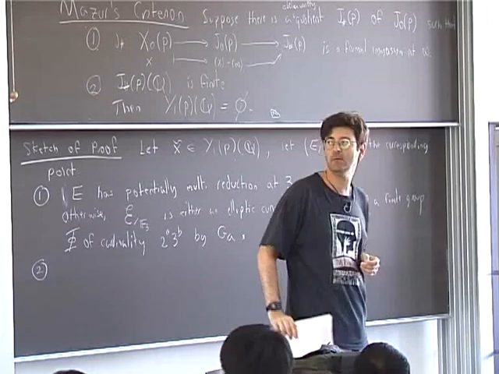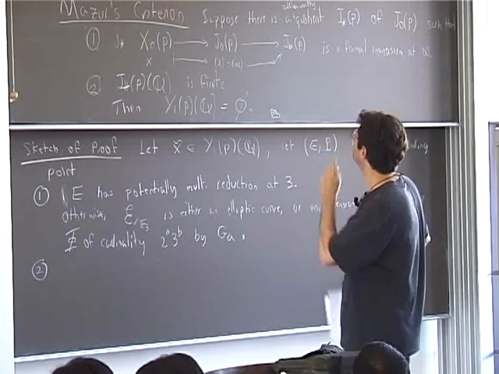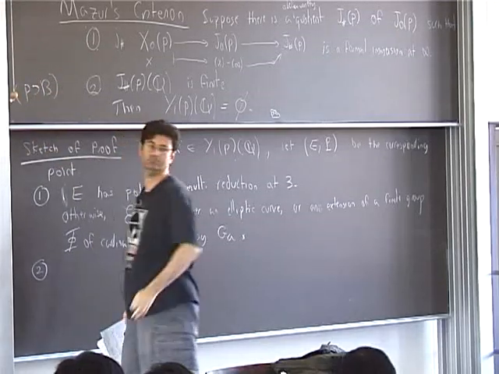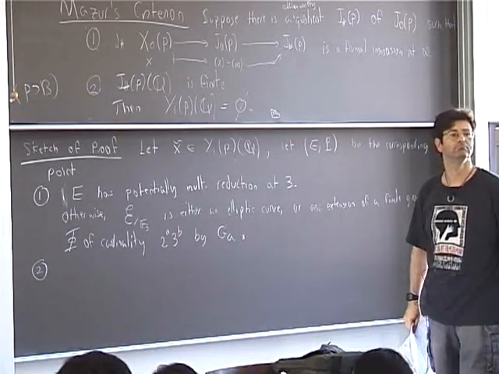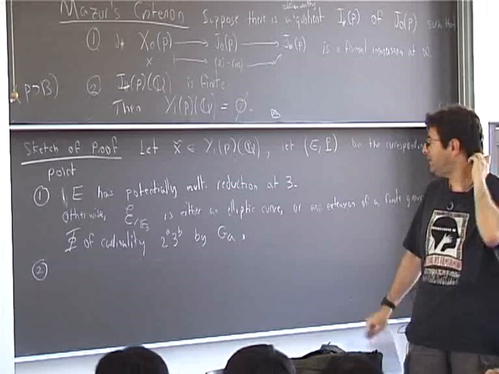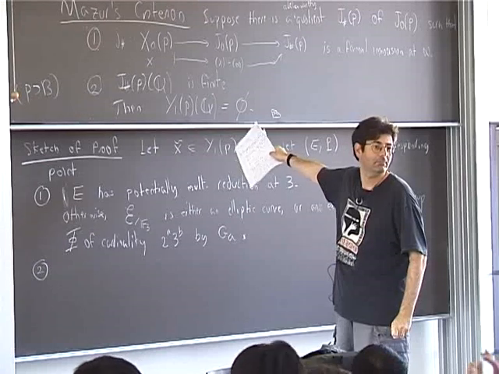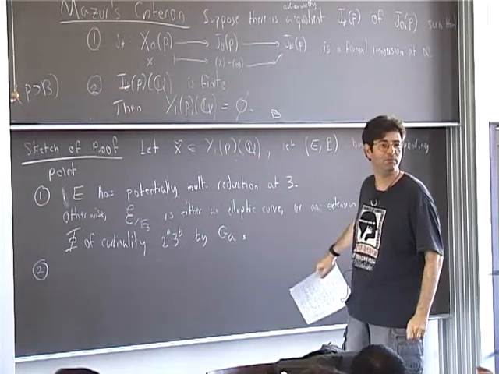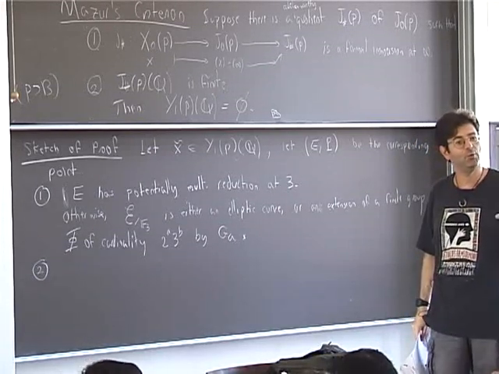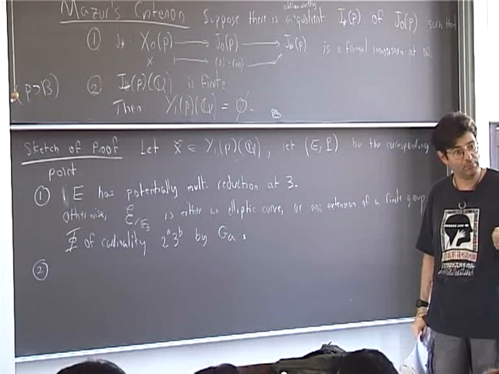In my result, the criterion is that I'm supposing p is bigger than 13. I have a point of order p in the generic fiber. And in the special fiber, because it's a p-torsion point, the p-torsion injects into the p-torsion on the special fiber at 3, because p is prime to 3, for example.